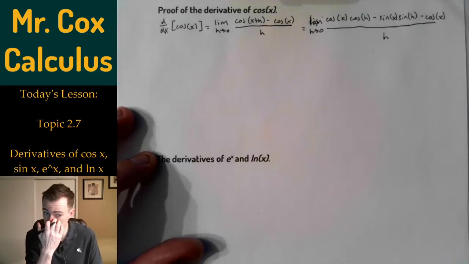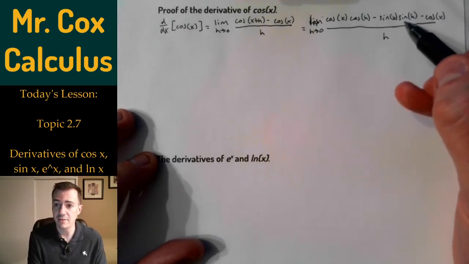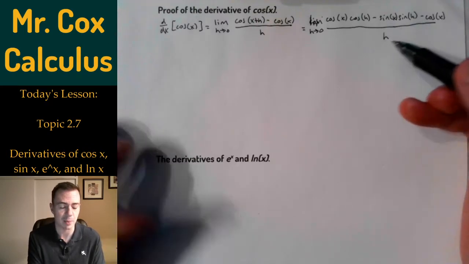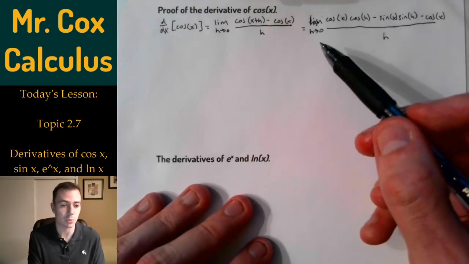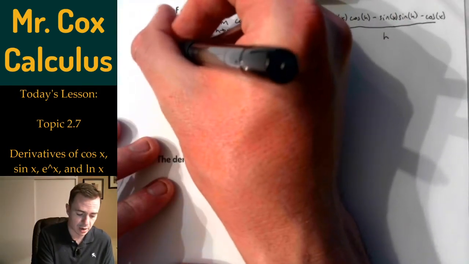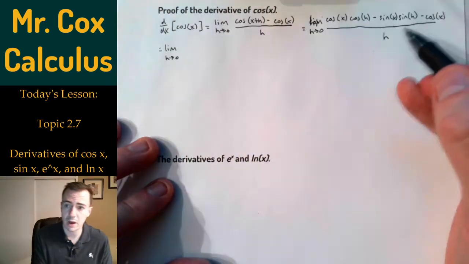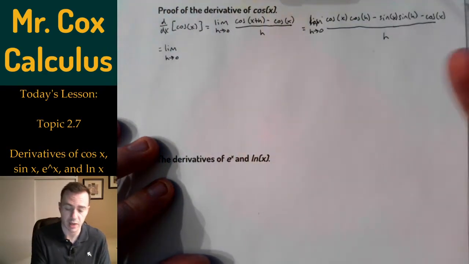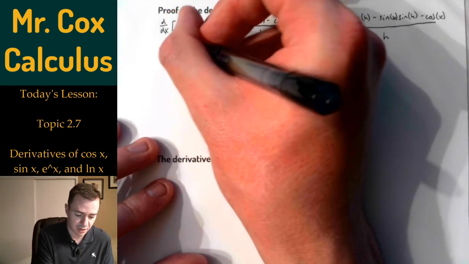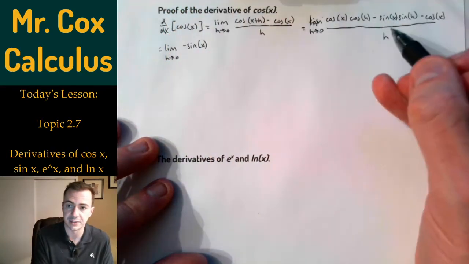Well, just like I did in the previous proof, I can see sine of h over h happening here, and we know what the limit as h approaches 0 of that is equal to. So I'm going to do another algebraic rewrite here where I really want this sine of h over h. So let's say that I have negative sine of x, because there is a minus sign in front of it.